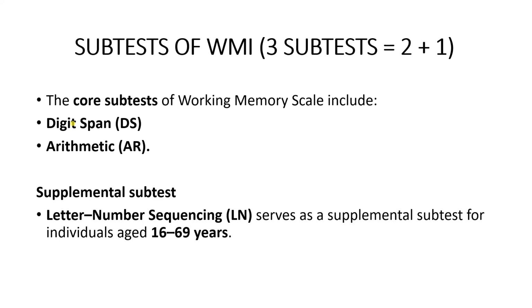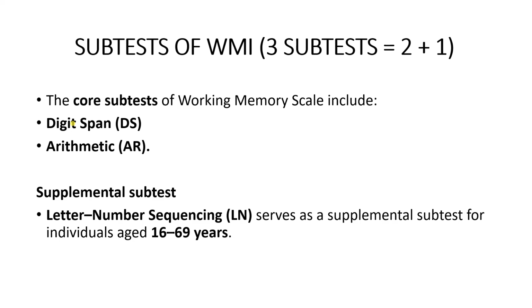Now let us move to the next subscale, that is working memory scale or working memory index. There are three subtests. Two are core subtests, the digit span and arithmetic, and letter number sequencing is a supplemental test, but remember this will be used only for individuals in the age range of 16 to 69 years.